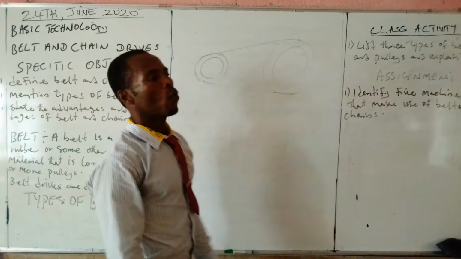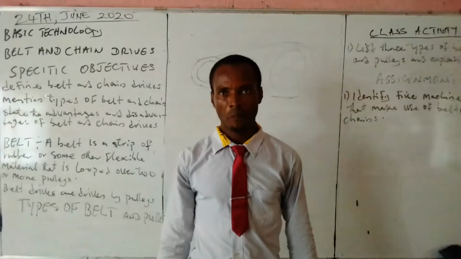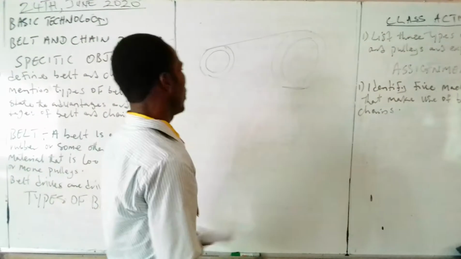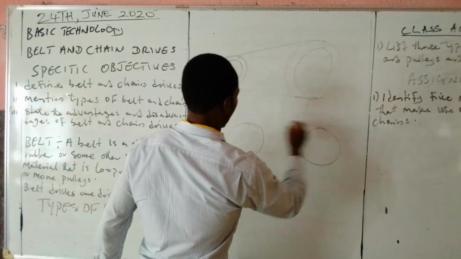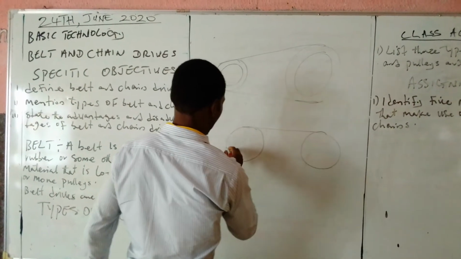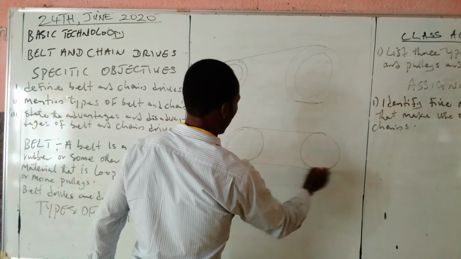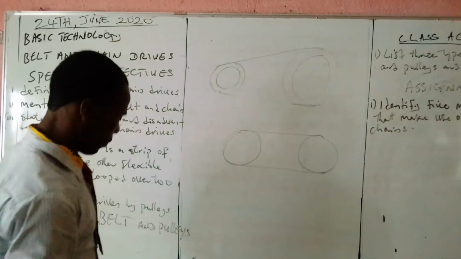Number one, we have a flat belt. It's flat in nature. It looks like this. It's very flat, and it goes round two pulleys. We call it flat belt.